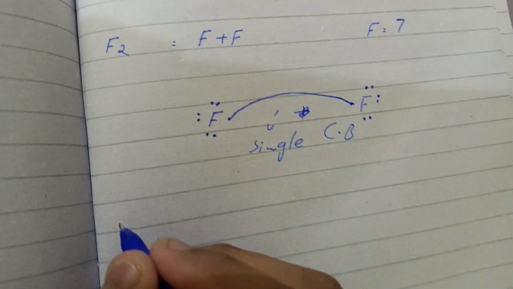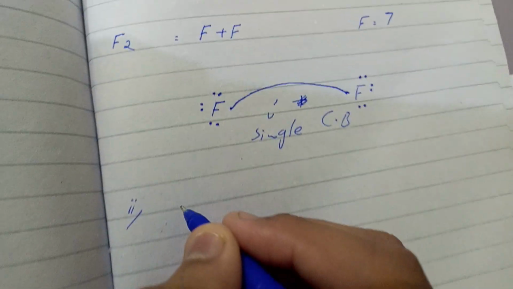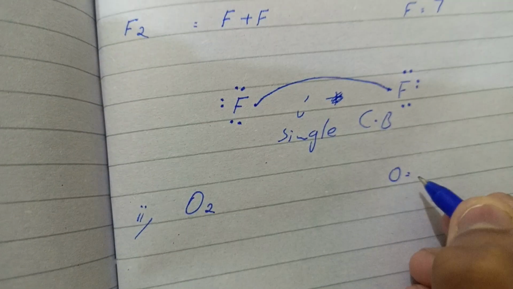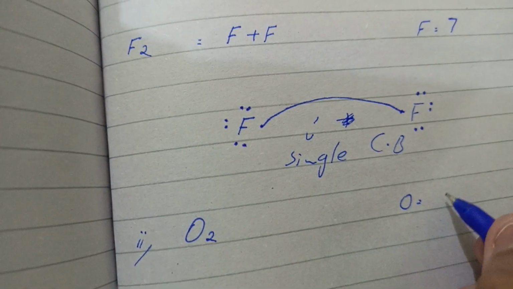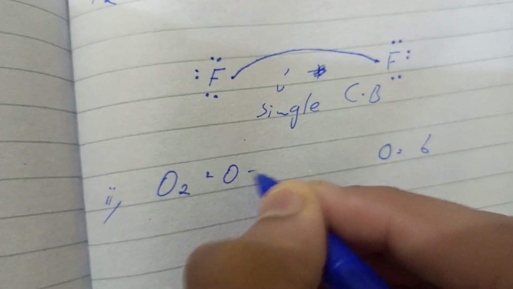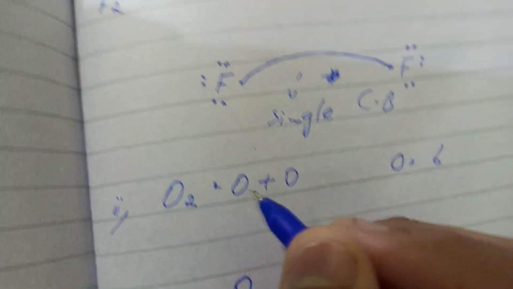Now let's take an example of a double covalent bond, which happens in O2. O has 6 electrons in its valence shell. So firstly we put O plus O as a statement.